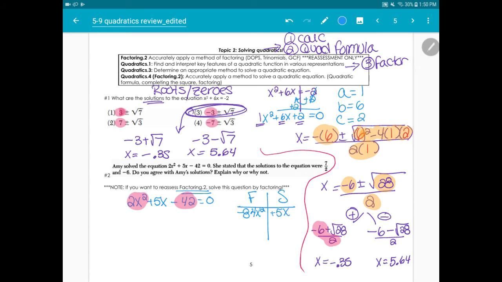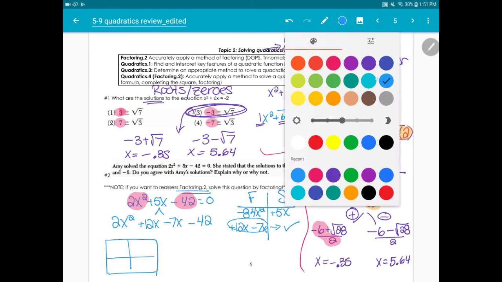Two factors that work for that are +12x and -7x. When I add those two together, I will get 5x, so that's going to work. Okay, so let's expand this. This is going to be 12x and -7x. I'm going to bring down my 2x squared and my -42. I'm going to do reverse box method, but if you don't like reverse box method, feel free to do the other way.